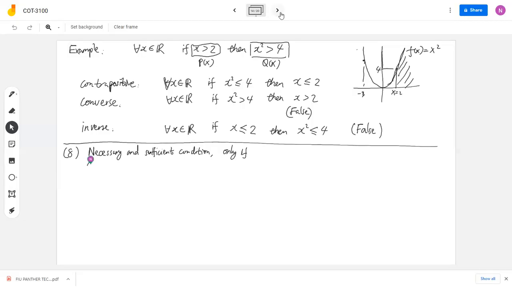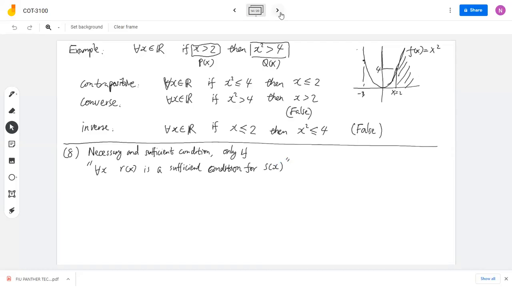So for all x, Rx is a sufficient condition for Sx.